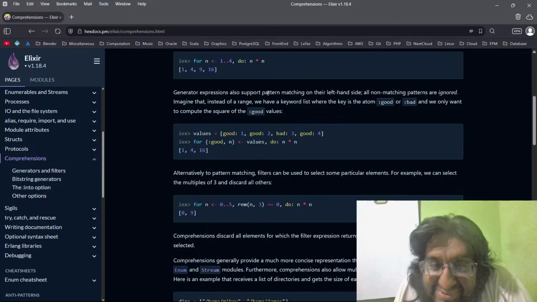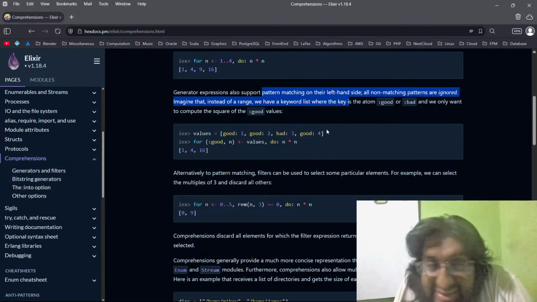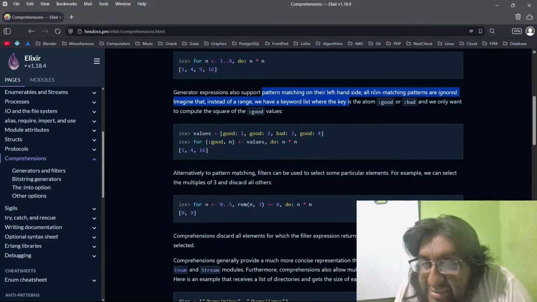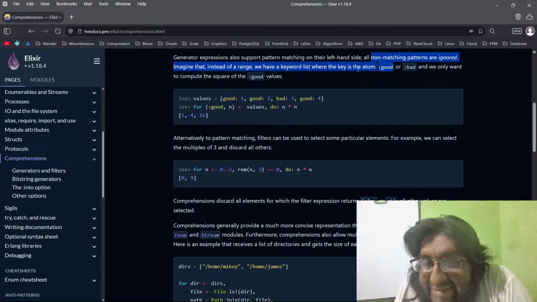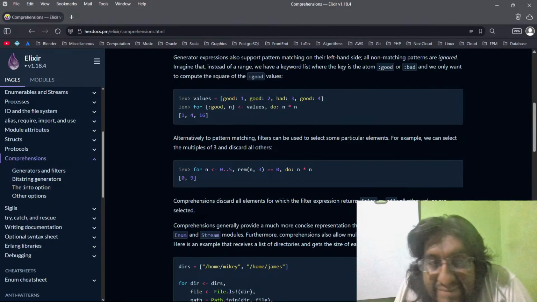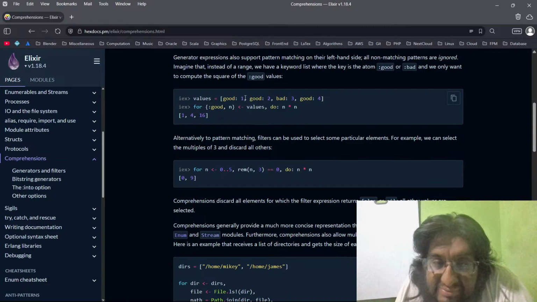Generator expressions support pattern matching. All non-matching patterns are ignored. Okay, this will behave as a filter.